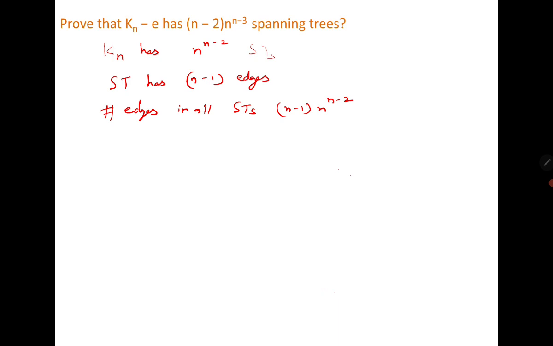But what we need is the number of the spanning trees containing the edge E. Now in case of a complete graph, all edges have the same property, all have the same degree.